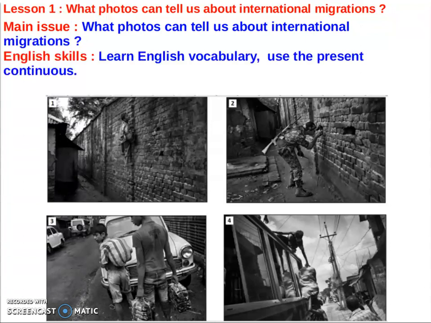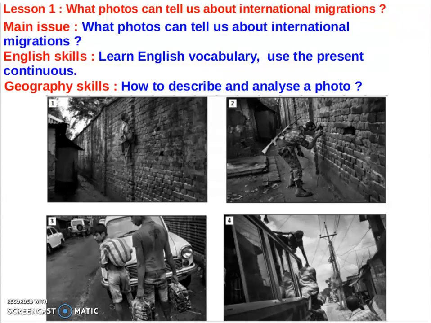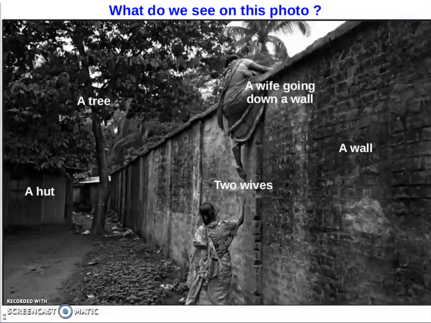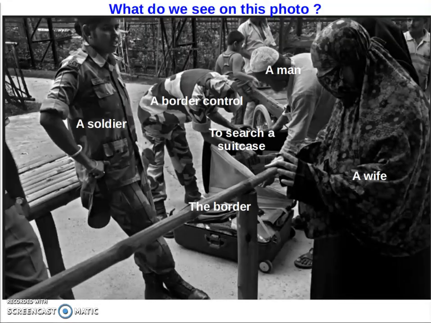They will have to use the present continuous and a specific vocabulary, and describe photos like we can do in geography. These photos are interesting because there are simple words, and sometimes there is a specific vocabulary, for example hut here, and I think it's a good input document for this reason.